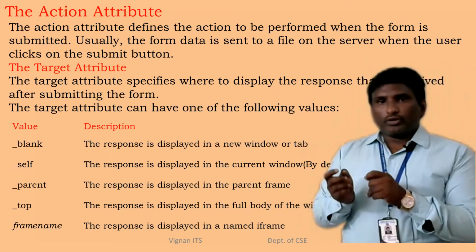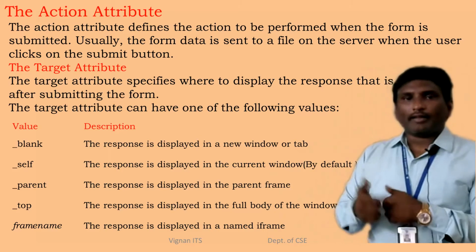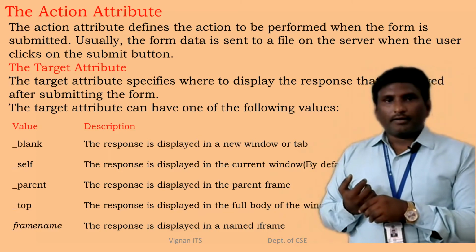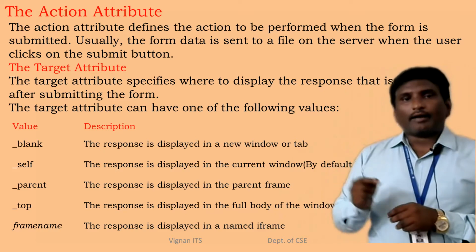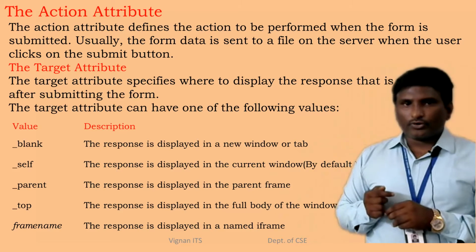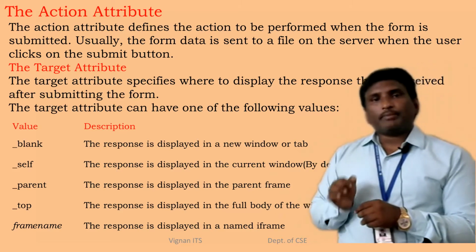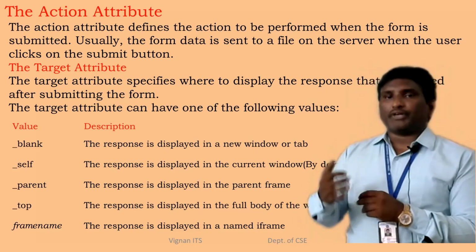The target attribute can have one of the following values. Whenever you click on the submit button, it performs the action, and target is one more attribute. The target value may be underscore blank, underscore self, underscore parent, underscore top, or underscore framename. Underscore blank means the response is displayed in a new window.